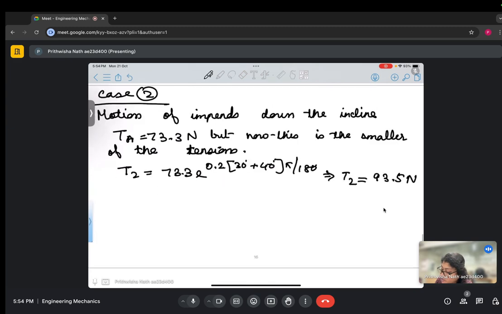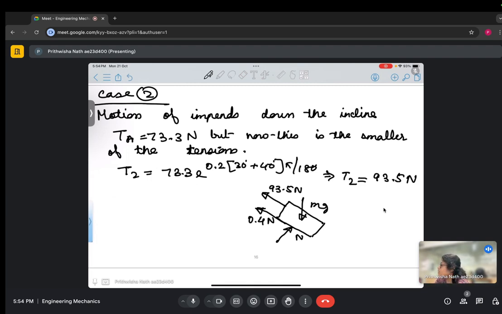Now again I need to draw the free body diagram. This time friction will act up the incline since the block is moving downwards. Again mg is acting here and this is the normal force.